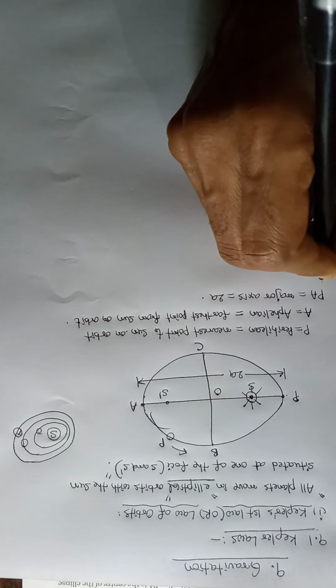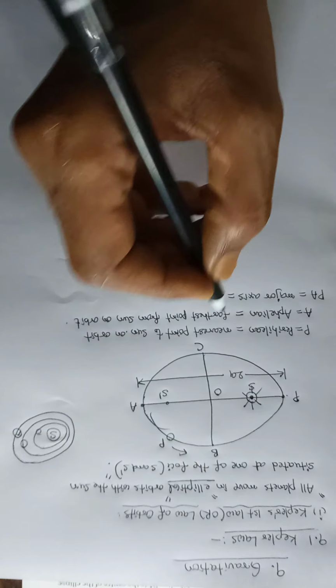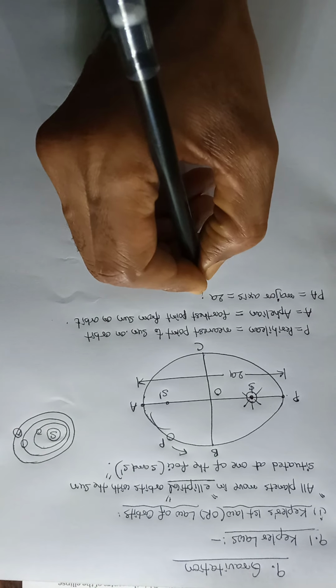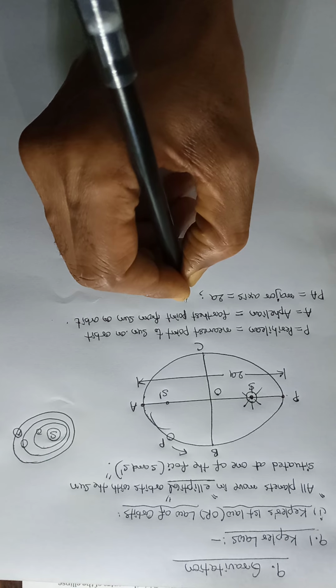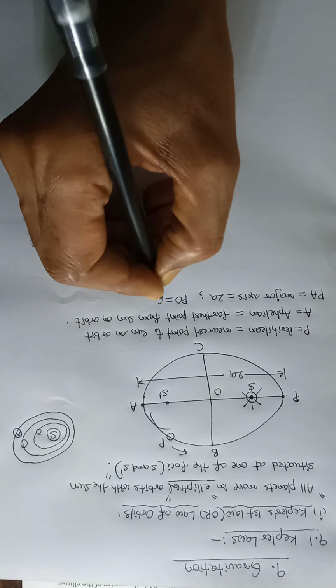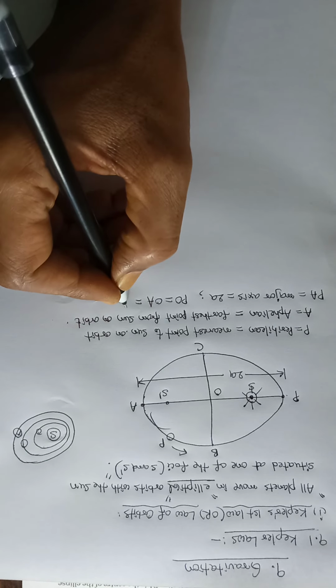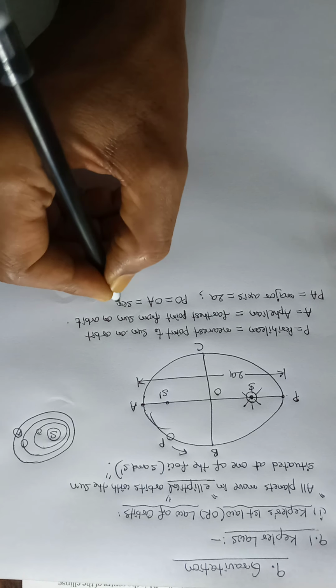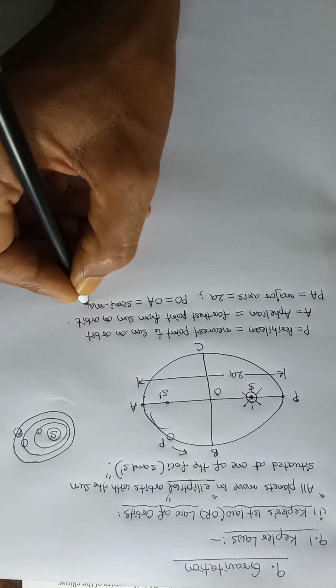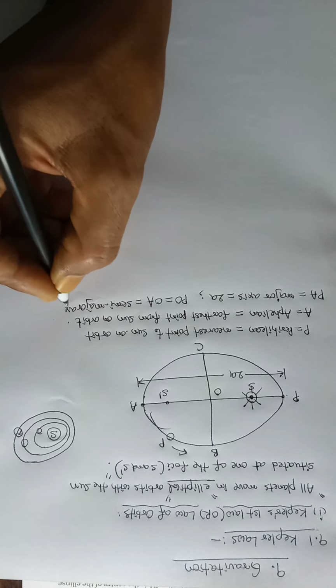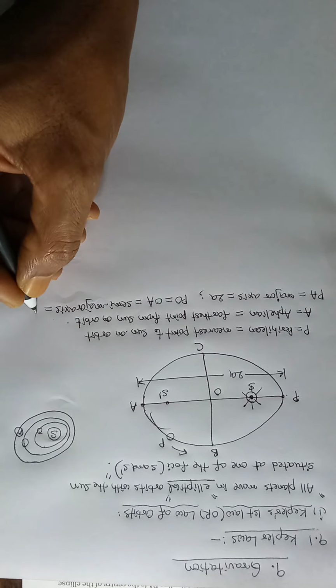Now half of this, that is PO or OA, is called the semi-major axis. This is equal to A.